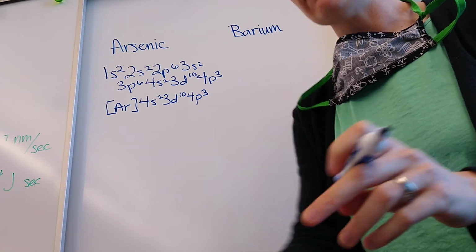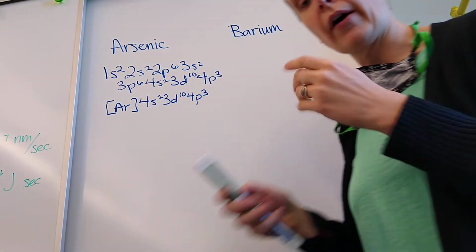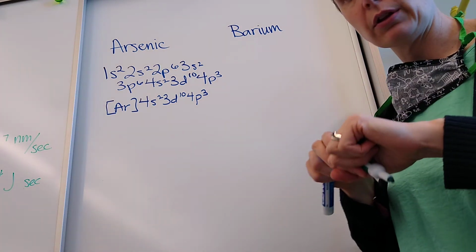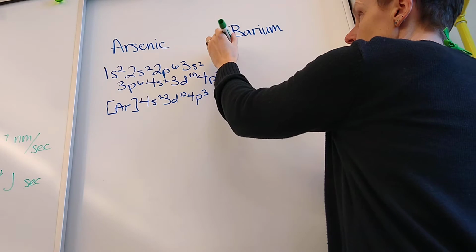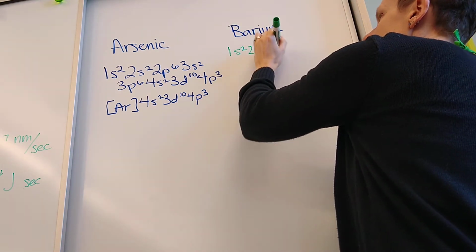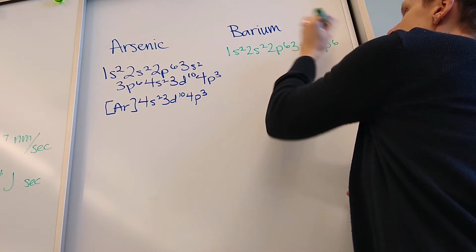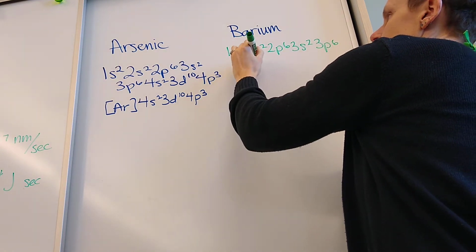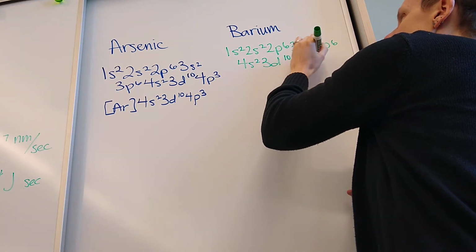I'm now going to do that for barium as well, and I'm going to go very quickly. If you want to follow along on the periodic table, you can do that with your finger, but I'm just going to go really quickly. I'm going to choose a green color here. Okay, barium. 1s2, 2s2, 2p6, 3s2, 3p6, 4s2, 3d10, 4p6.